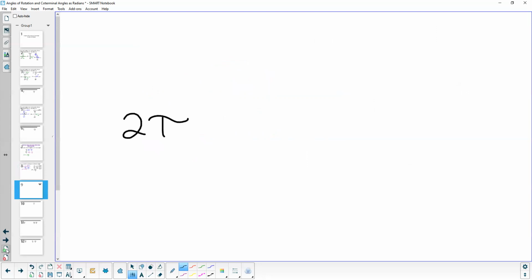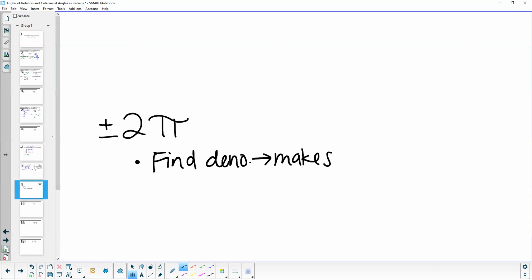So again, anytime we need to add or subtract 2 pi, I want you to find the denominator. We want to make it the same. So we're going to divide by 3, or divide by 8, or divide by 129, whatever it is.